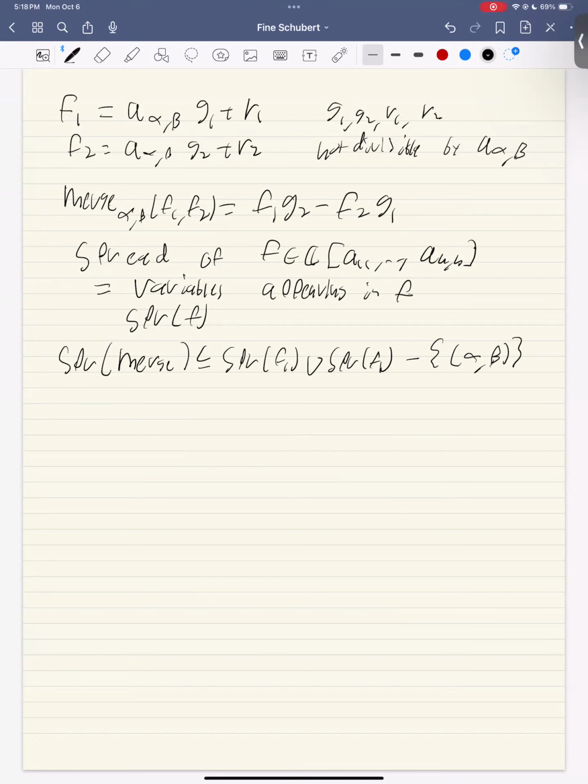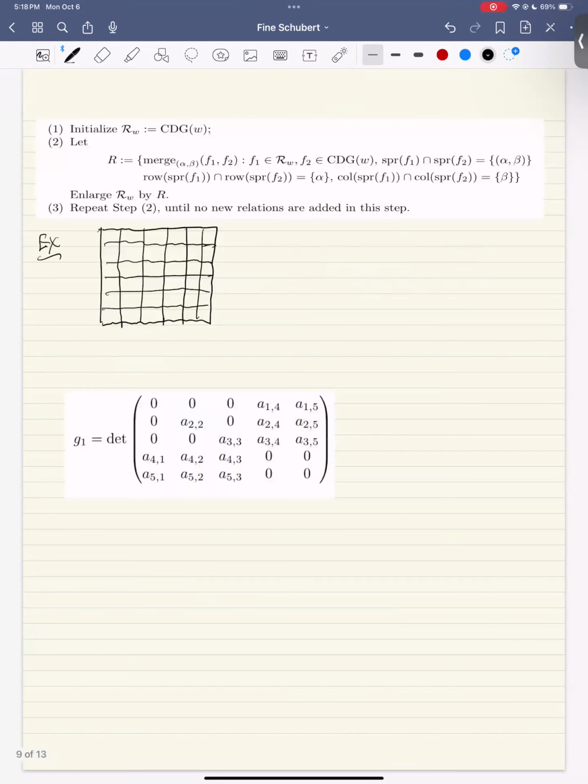So okay, now I can state the set that we consider. What you do is you start out with the CDG generators, and then you merge them in any way such that you have two CDG generators, and they determine some sets of rows and some sets of columns.